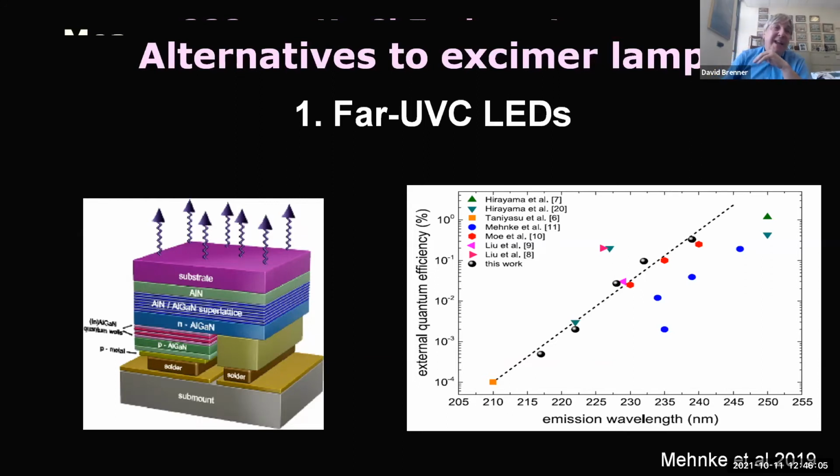But when you get down to 222, the efficiency is 10 to the minus 3%. That's very, very small and entirely impractical for use at the moment. The LED manufacturers say it's just a matter of time before we make more efficient Far-UVC LEDs.